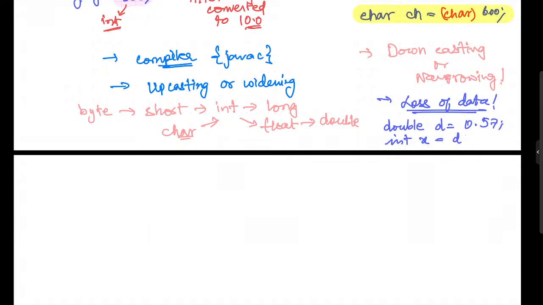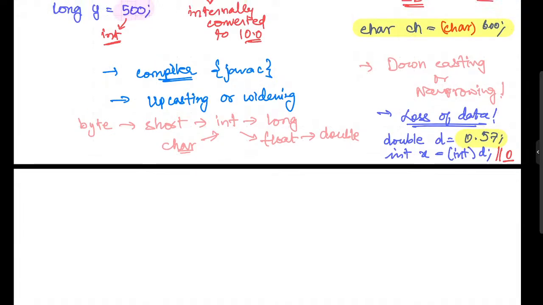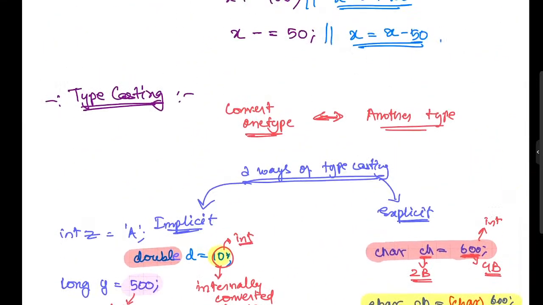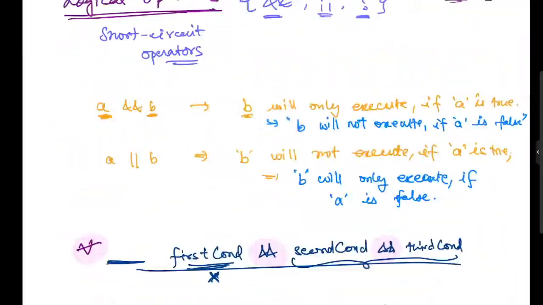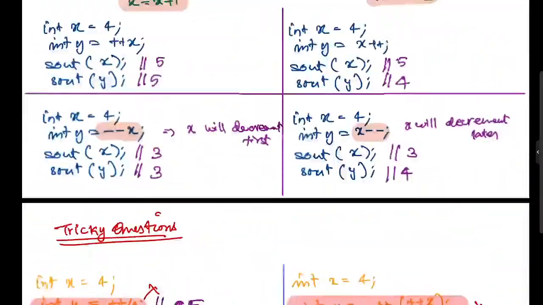So what you generally do is typecast it as int and restore it. But when you do that, your information is lost and you'll store 0, but you actually wanted to store 0.57. So sometimes the information is lost and you have to deal with it. So that is how typecasting works.